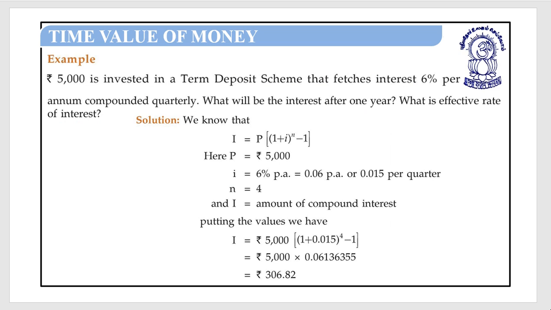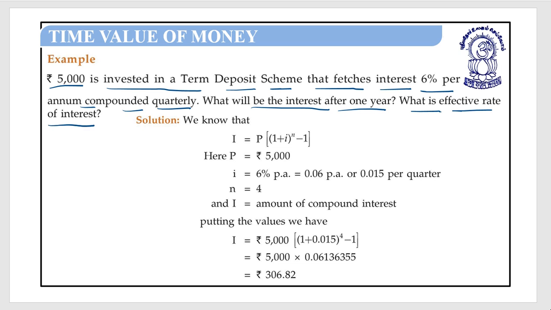Now, example: rupees 5,000 is invested in a term deposit scheme that fetches interest 6% per annum compounded quarterly. What will be the interest after 1 year? What is the effective rate of interest?